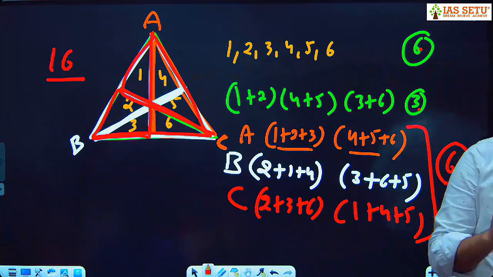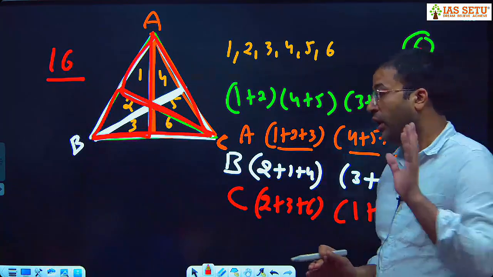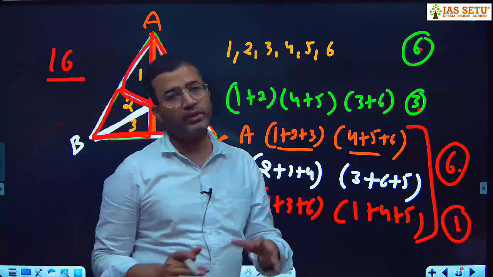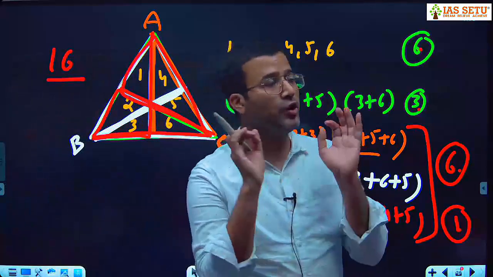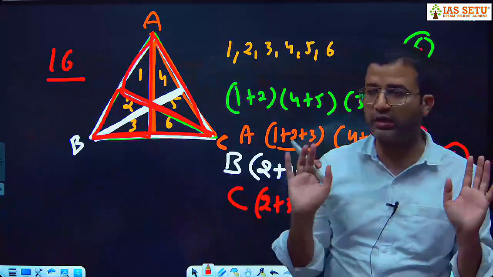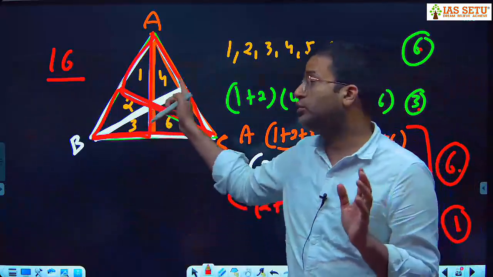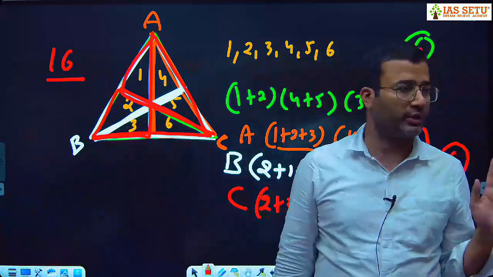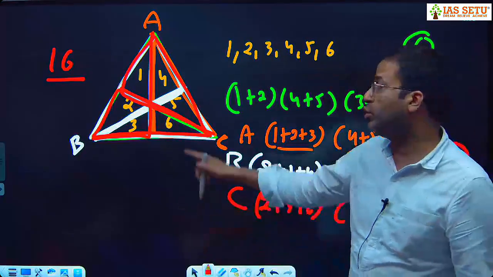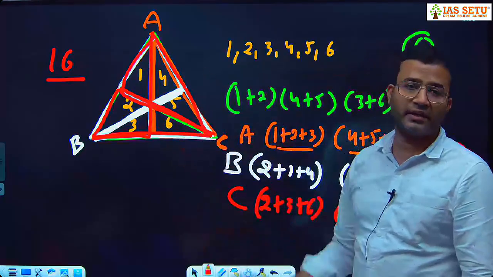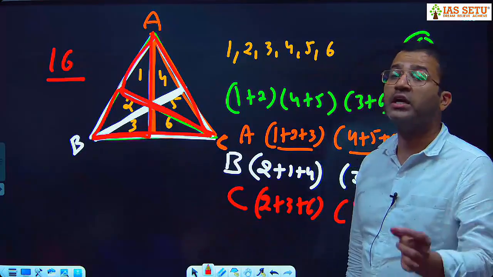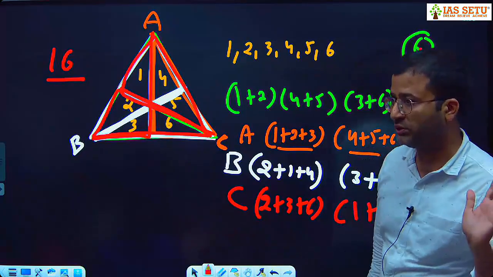Now what do you have to do in the exam? If there is a question on the number of squares, rectangles, parallelograms, rhombuses, what we discussed yesterday, you have to attempt that because we are comfortable. If there is a question on type 1, type 2, type 3, type 4, you have to attempt that. But if there is a question on type 5 and there is a random figure where we don't know the formula, we have to do manual counting, then it depends on the answer options.